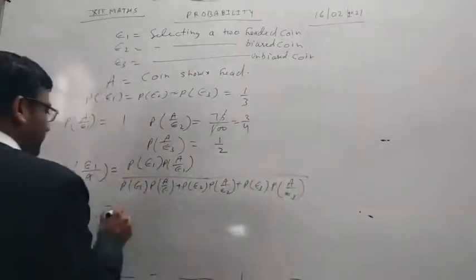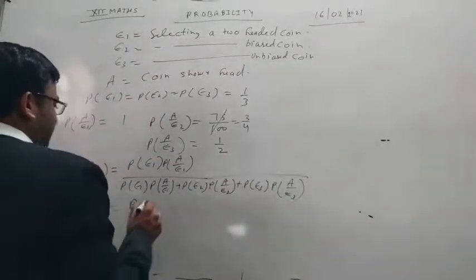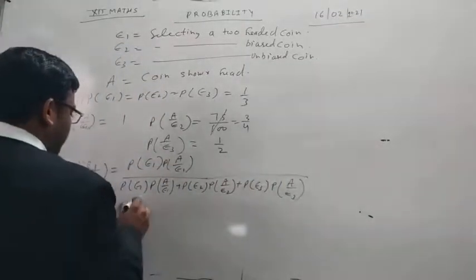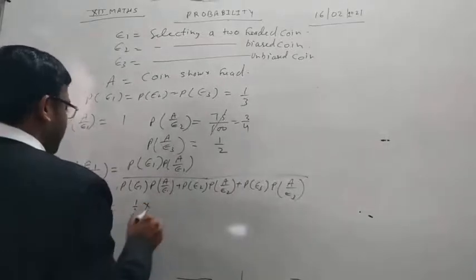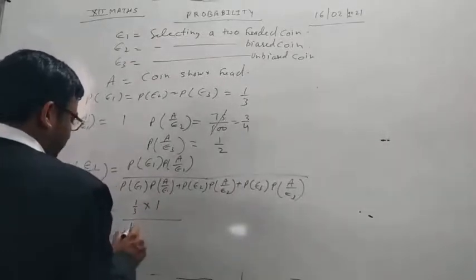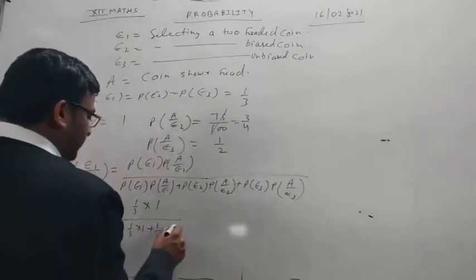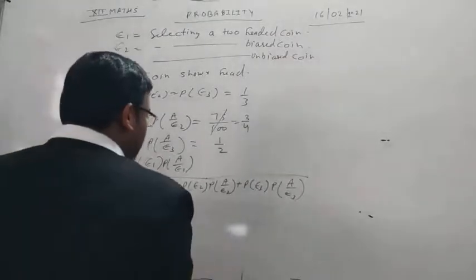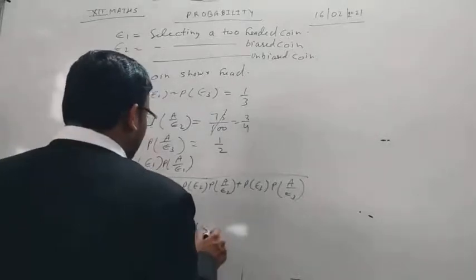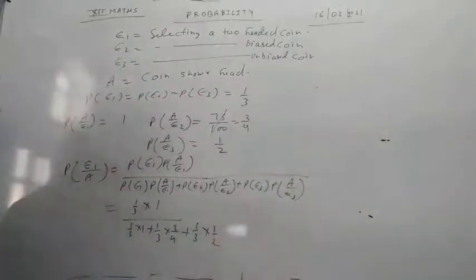Now the probability of E1 is 1 by 3 and A by E1 is 1, so this is 1 by 3 into 1, plus 1 by 3 into 3 by 4, plus 1 by 3 into 1 by 2. Now we put all the values and solve.